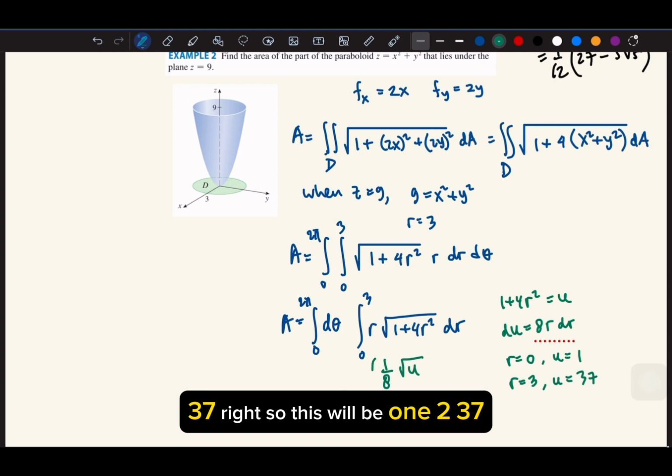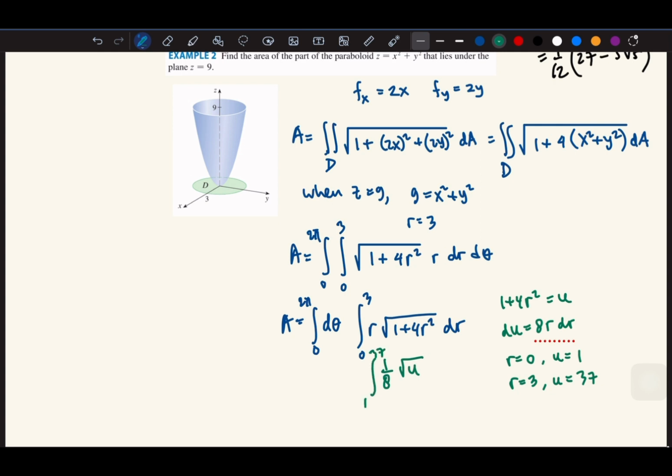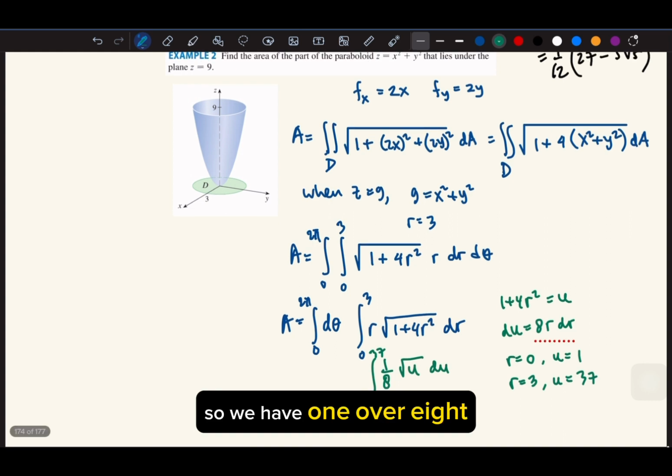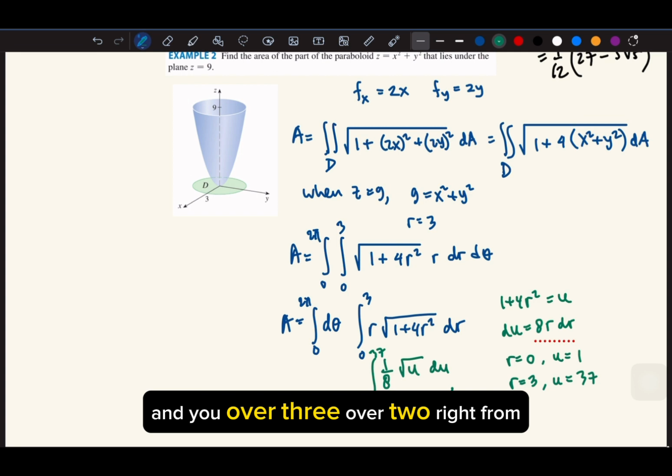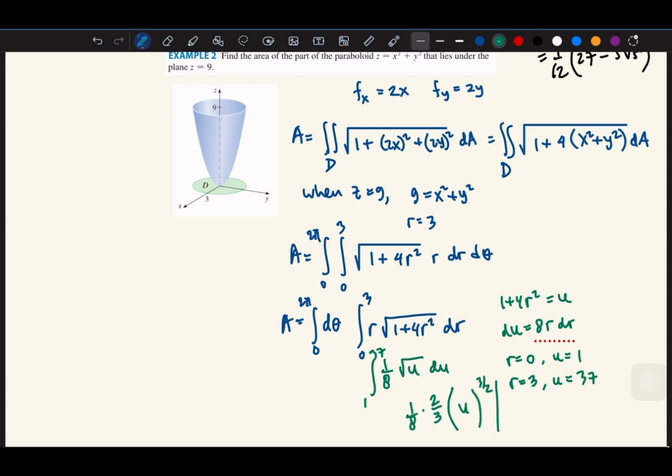So this will be the integral from 1 to 37 of square root of u du. So we have 1 over 8. This will be 2 over 3, and u to the 3 over 2, right? From 1 to 37.